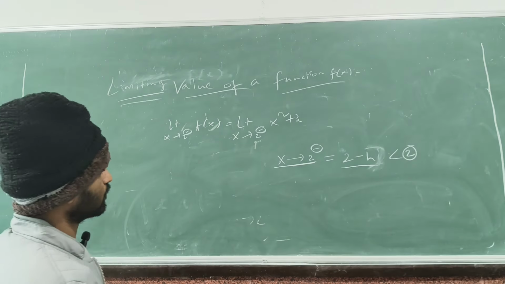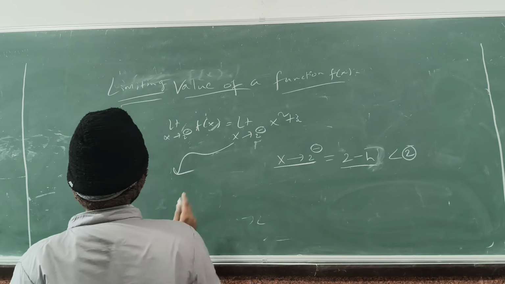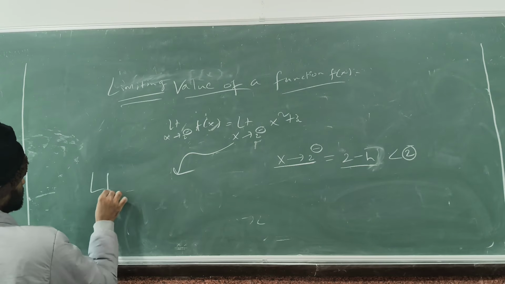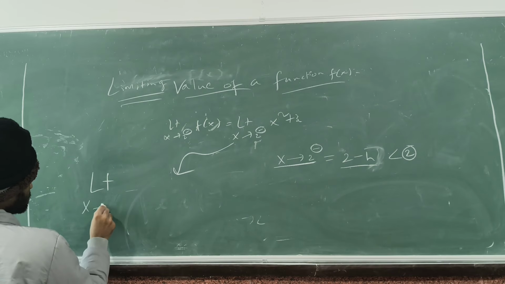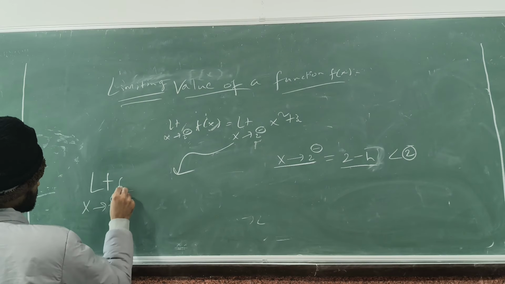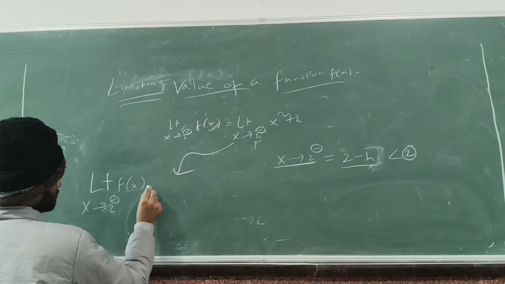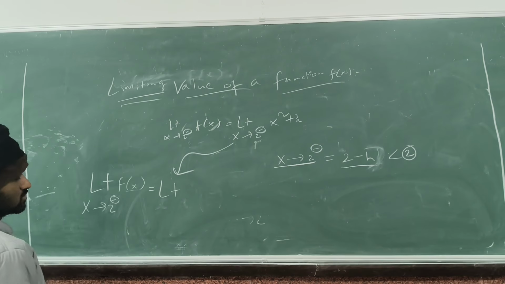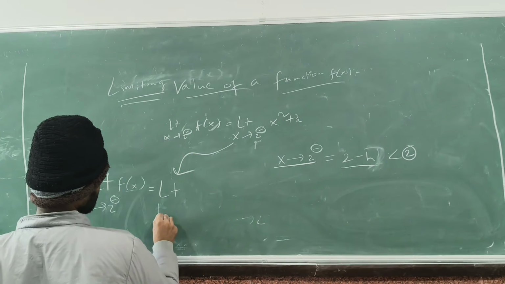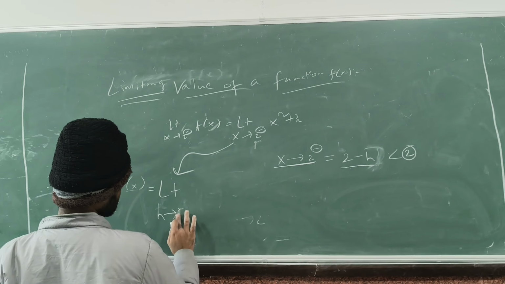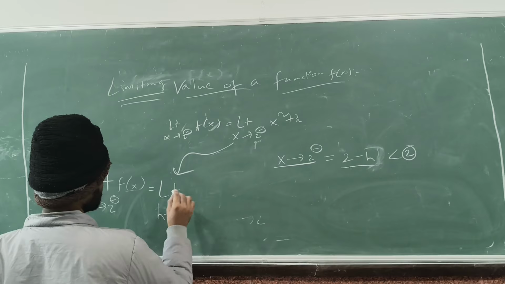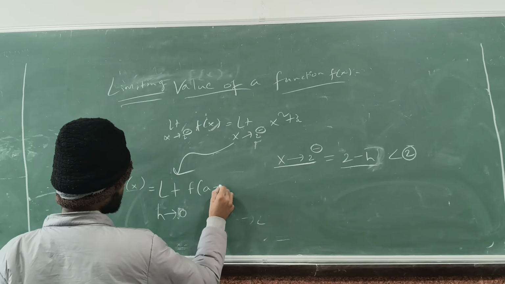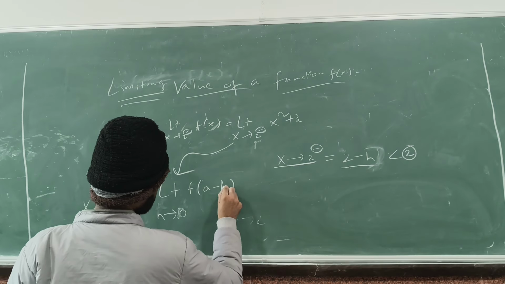So we can write it as limit x tends to 2 minus f of x equals limit h tends to 0, f of a minus h.